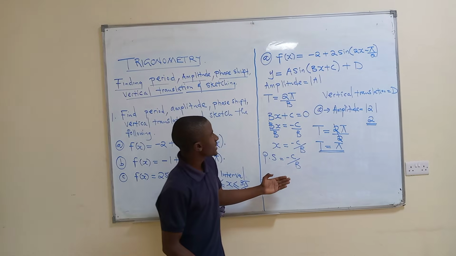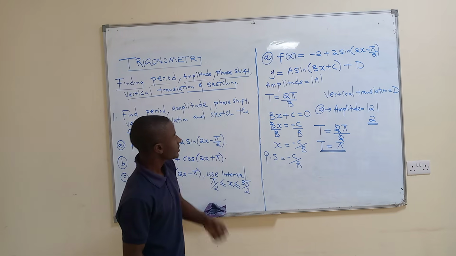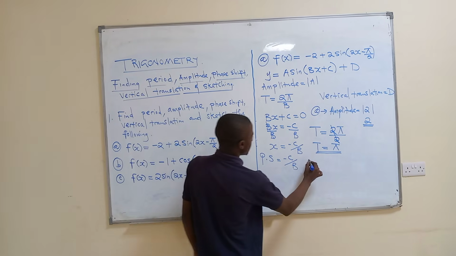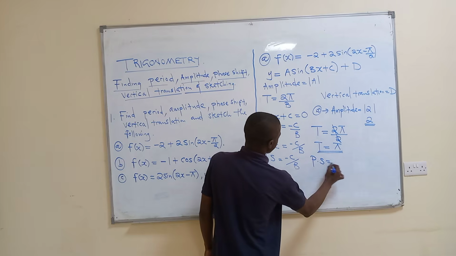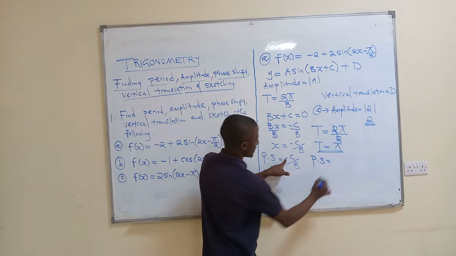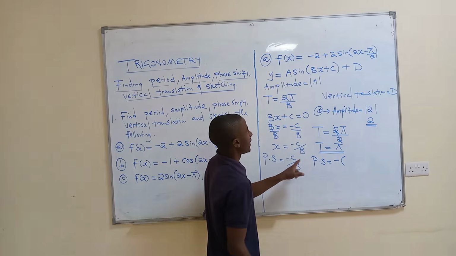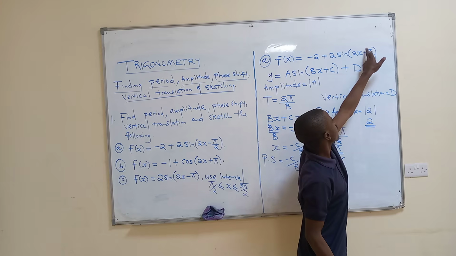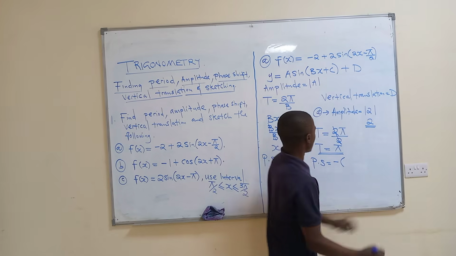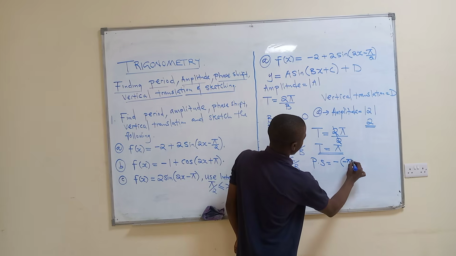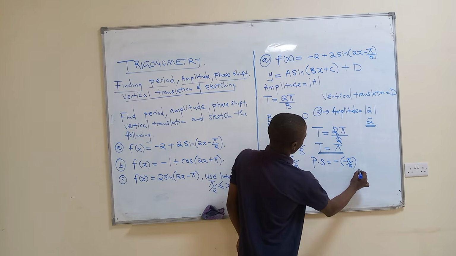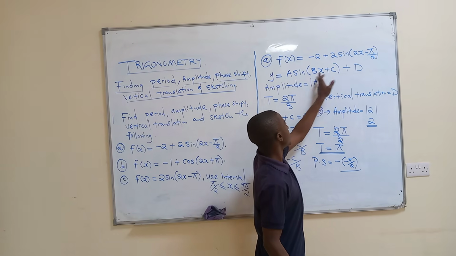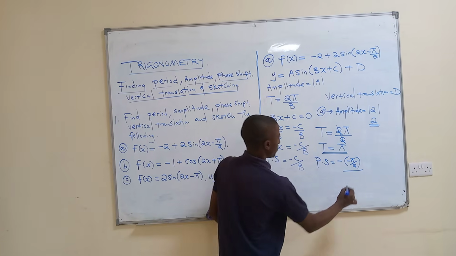Next, we have been asked to calculate the phase shift. Phase shift is calculated by this formula: negative c over b. The value of c is negative pi over 2, over b, the coefficient of x, which is 2.